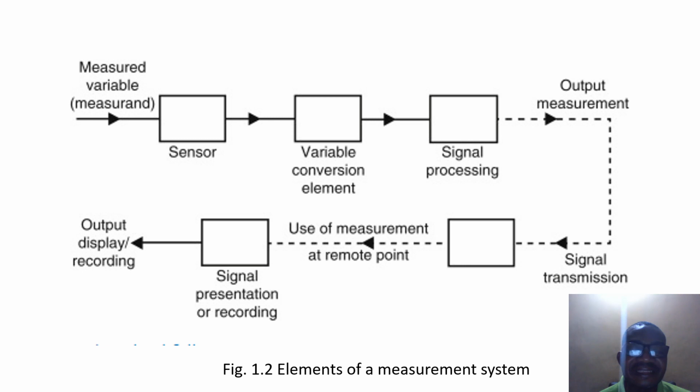When it enters the sensor, the sensor detects the quantity to be measured and sends the signal to a variable conversion element, which converts it to an electrical quantity. Then signal conditioning and signal filtering are performed. Signal conditioning and filtering help to remove noise and also to amplify the signal.